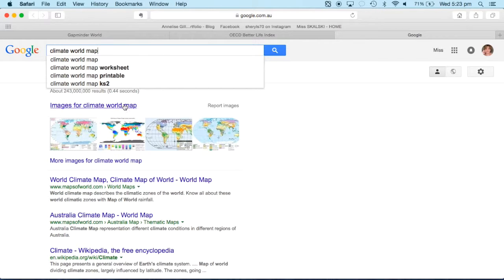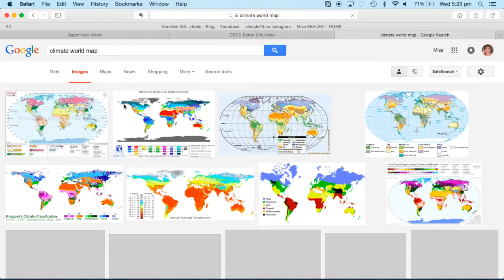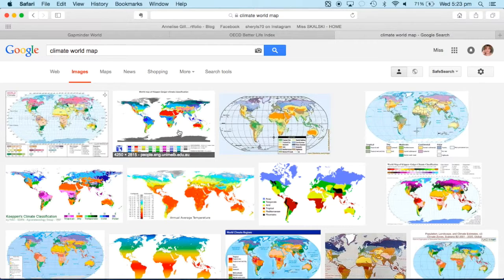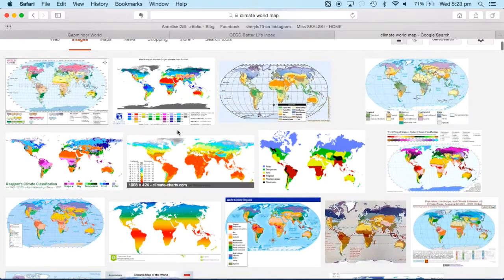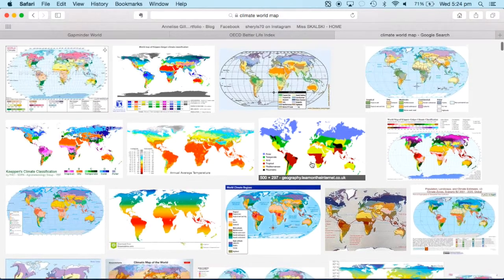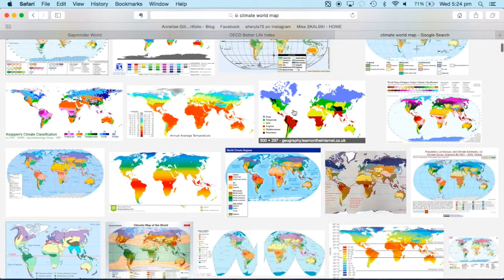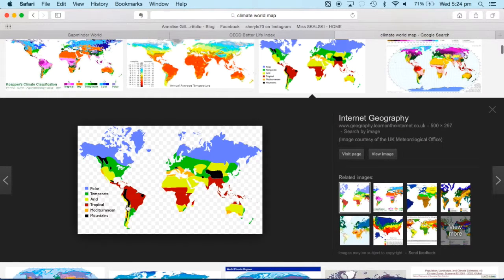Now, an image search is probably an even easier way to find that information. So what we're looking for is a map that probably only shows maybe 4 or 5 different categories. So we're looking just for a fairly simple map at this stage. So something like this or this one. Let's have a look at this one in a bit more detail.